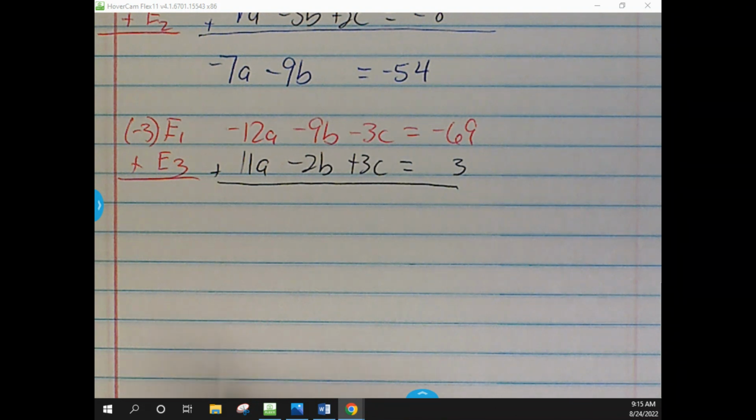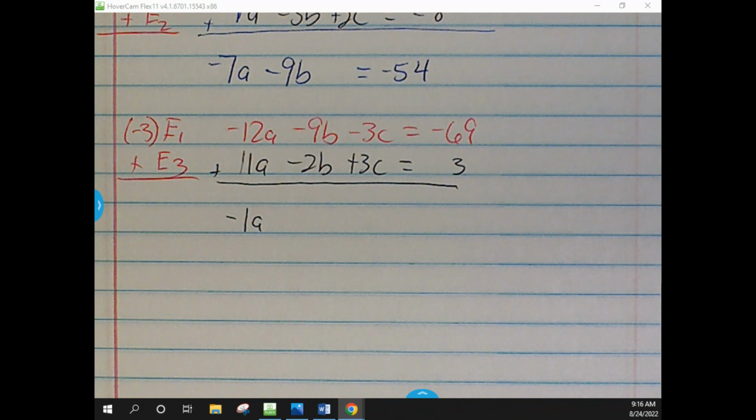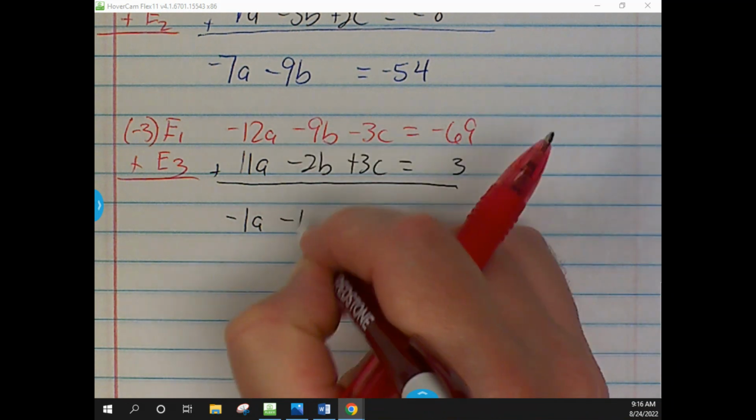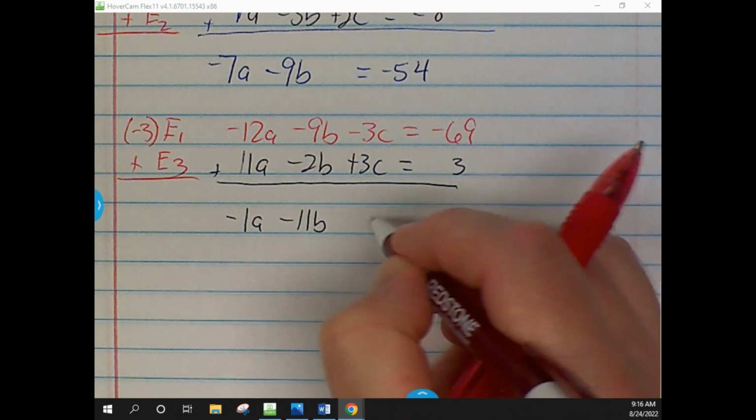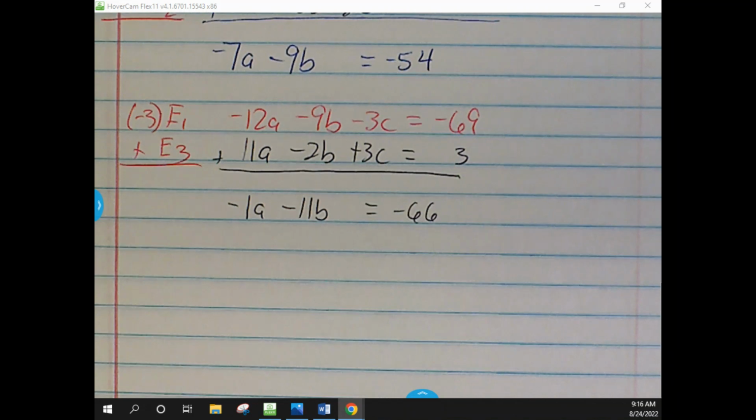All right, so then put them together. It's -12 plus 11, so that's -1a. And I'm okay putting the -1 there, just to make sure we got it. -9 minus 2 is -11b. That's going to equal -66. All right. Again, it never hurts just to pull down a 1. We can always get rid of it later.